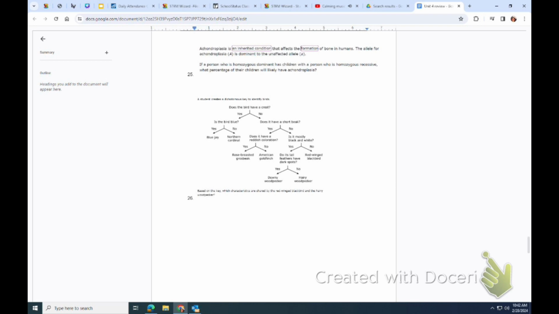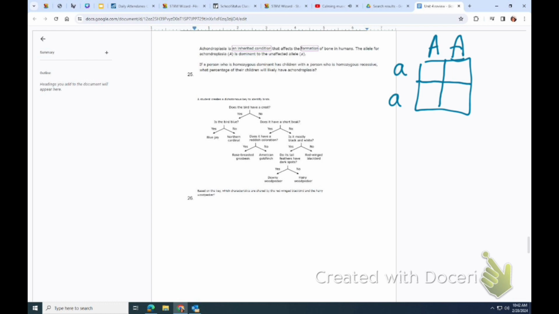25 is asking basically for you to create a Punnett square because you can't answer this question without it, okay? It says you have an organism whose parents were, one was homozygous dominant, so that's 2 capitals. The other was homozygous recessive, that's 2 lowercase. And it wants to know what percentage of the offspring would have the recessive trait, okay?